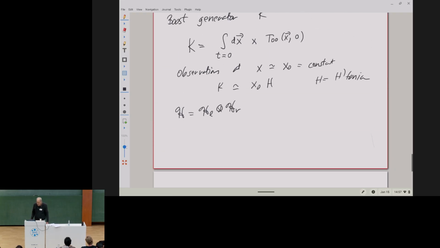We want to write the boost generator as a sum or difference of operators that act separately on H left and H right.